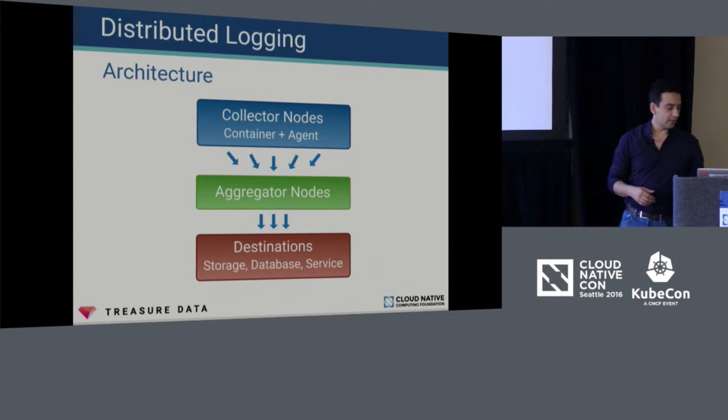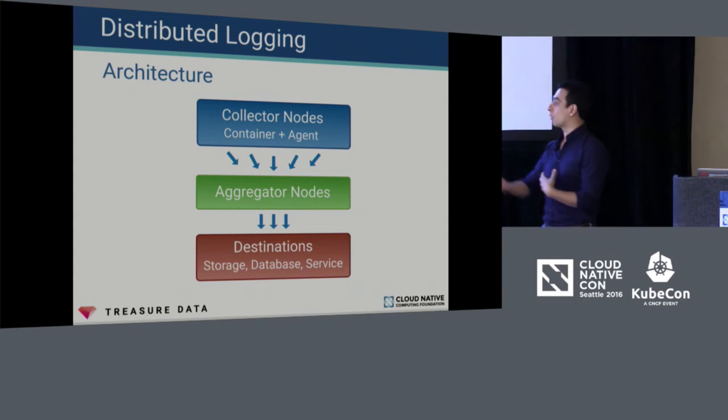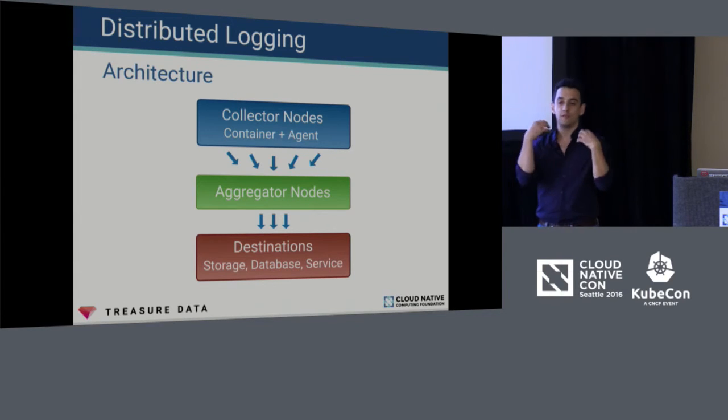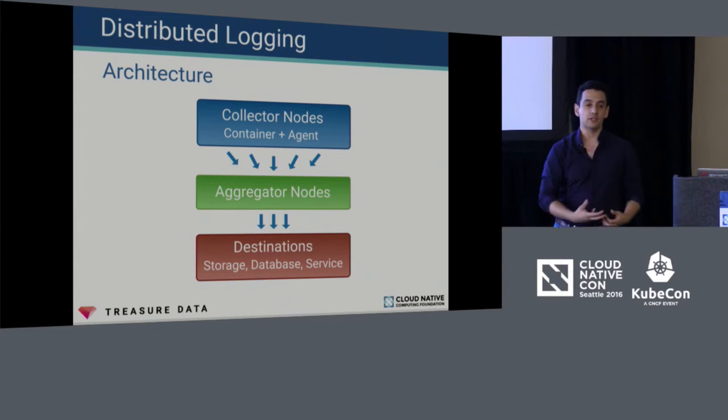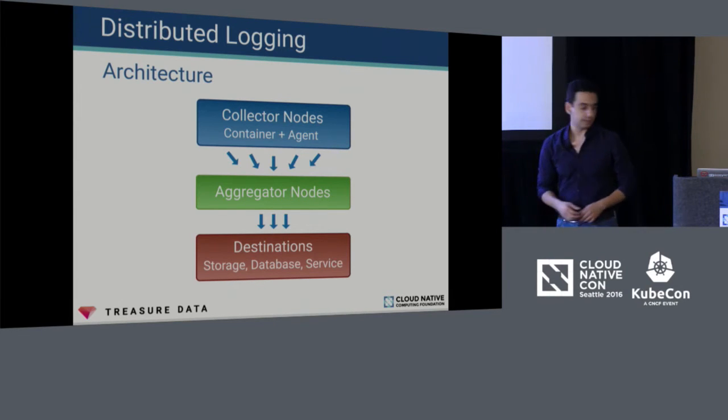Okay? So for that, we have different architectures. You need to define that we have collector nodes, something that collects the information from somewhere. That information is sent to what is called an aggregator. The aggregator collects information, and its job is to distribute that information to some destination. It could be a database, a cloud service, or anything like that.